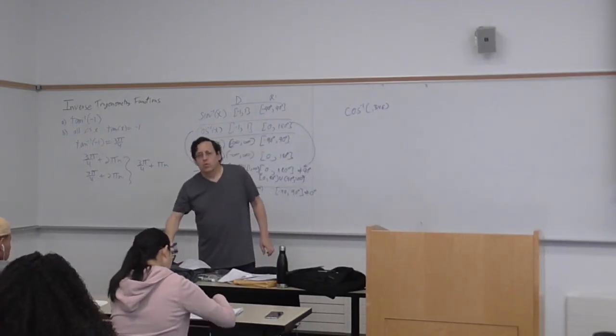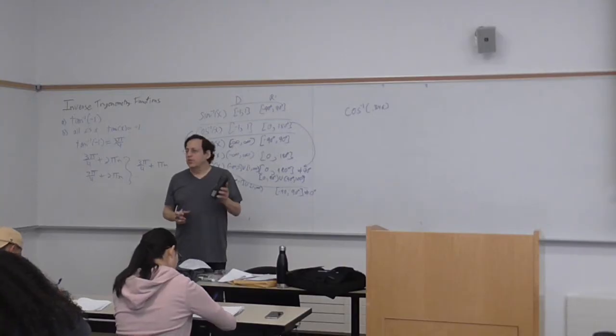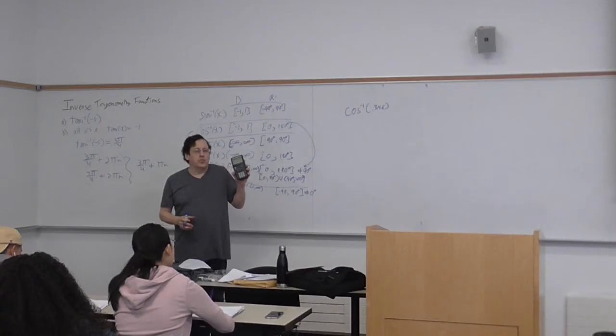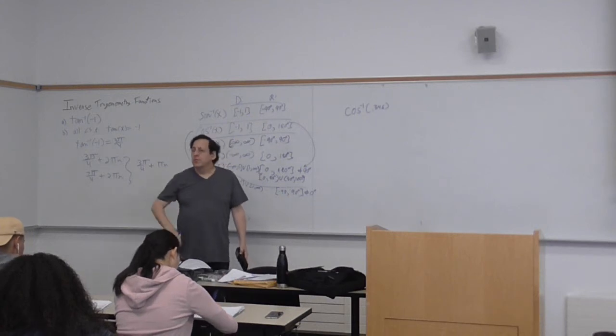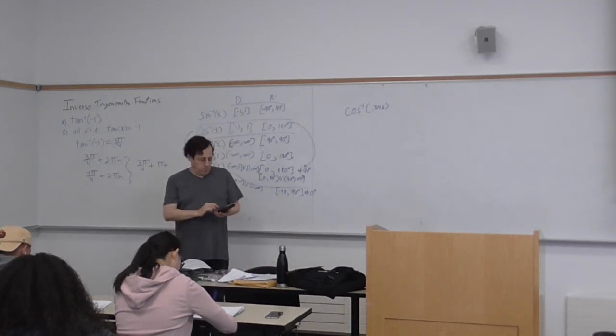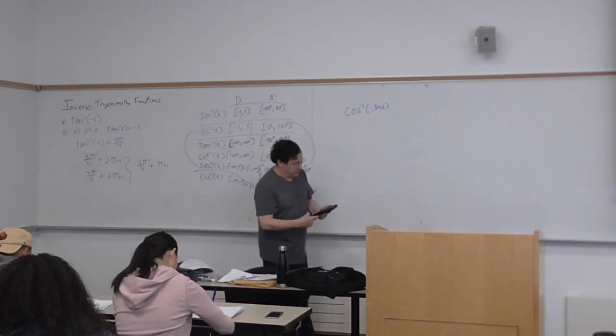Okay. What makes that really easy is you have to use your calculator. Before we had calculators, we had tables you'd look this up in. But we don't have any special angle that this is going to match.